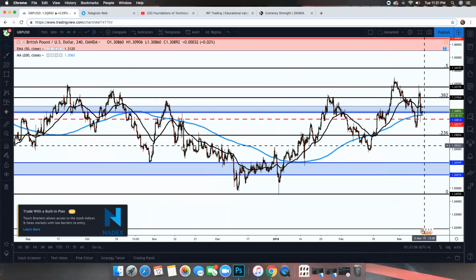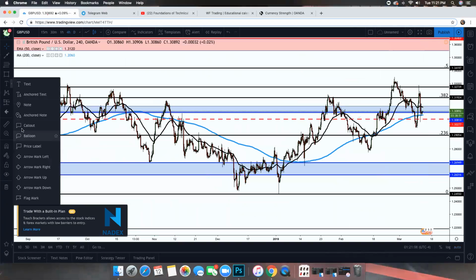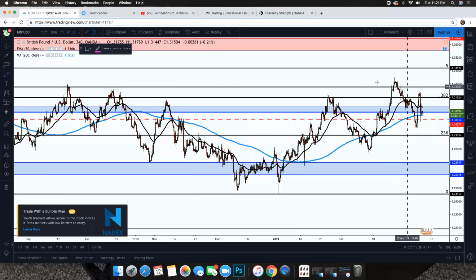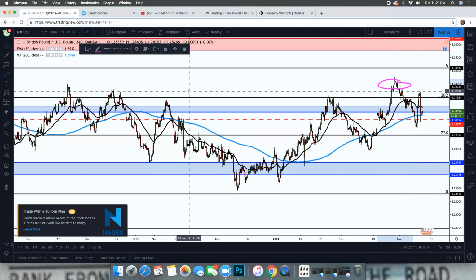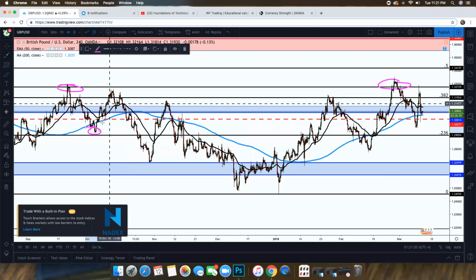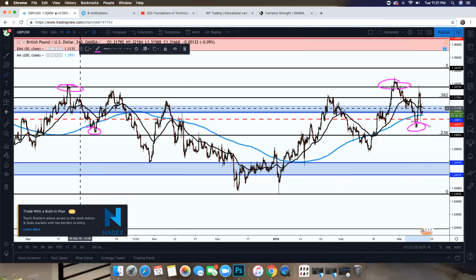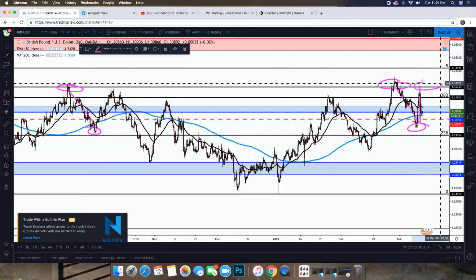If we take my drawing tool, we can see price hit right there, price hit right here. First TP price came down to was there. Boom, boom, price came down, came back up, and hit again.